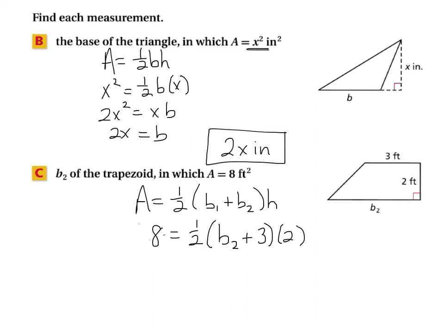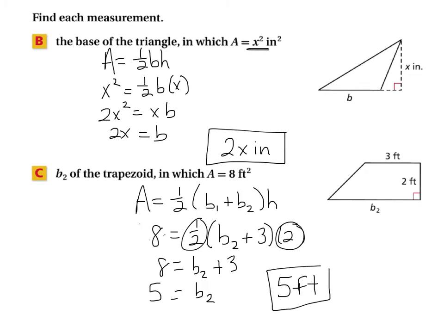This should be fairly easy here. 1/2 of 2 is just 1. I subtract 3 on both sides, and my base is 5 feet.